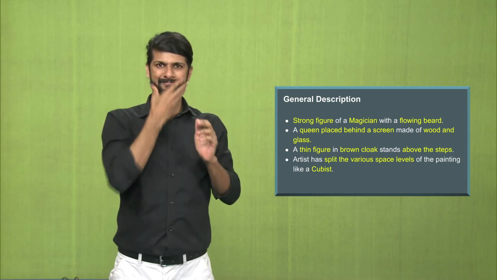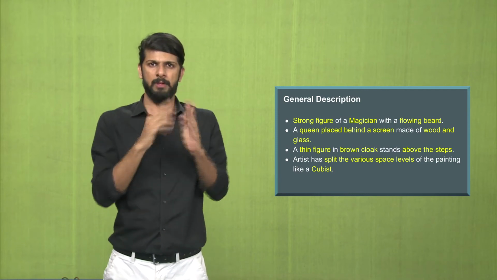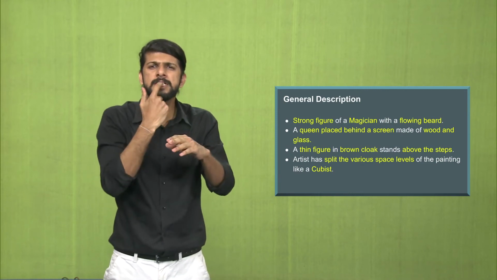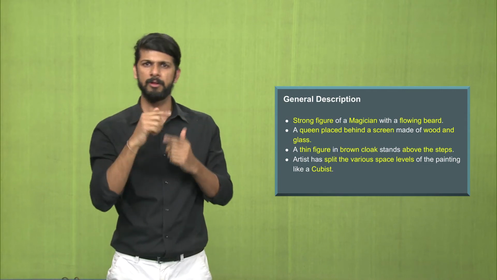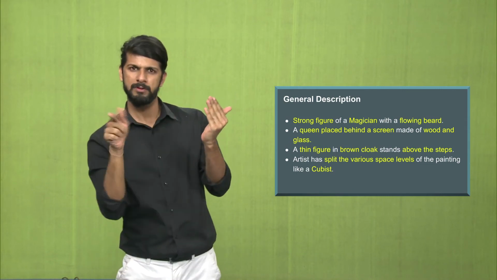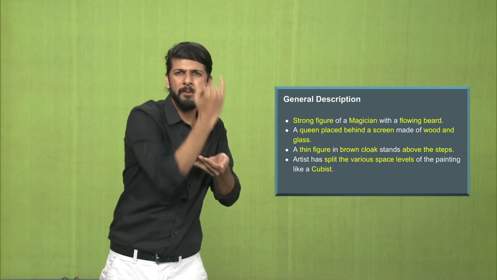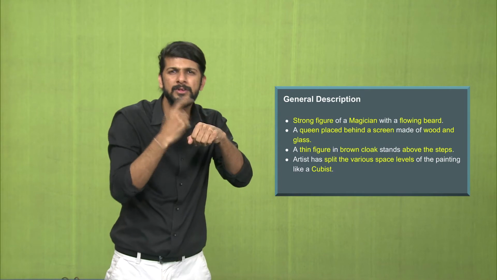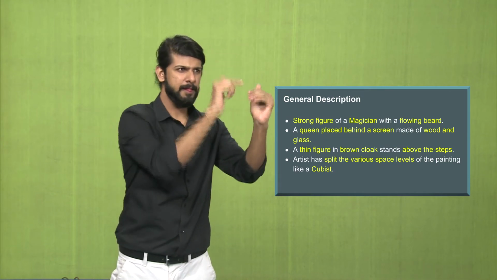Right next to the magician is a queen who is placed behind a screen made of wood and glass. Next to the magician, and on the opposite side, is a thin figure wearing a brown cloak standing over the steps.